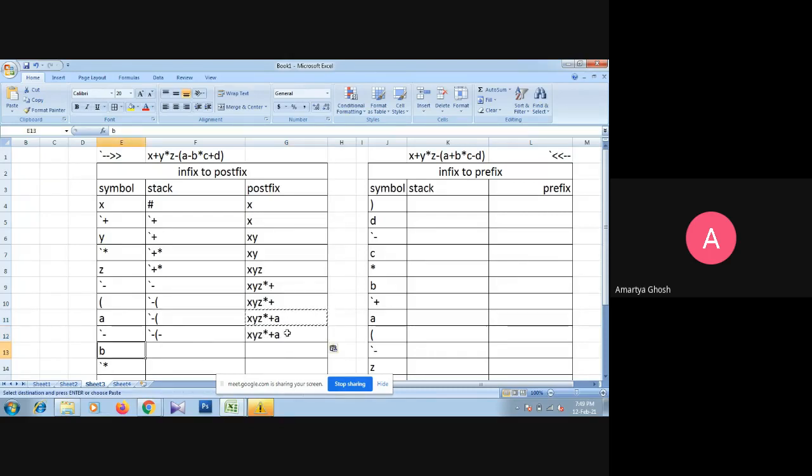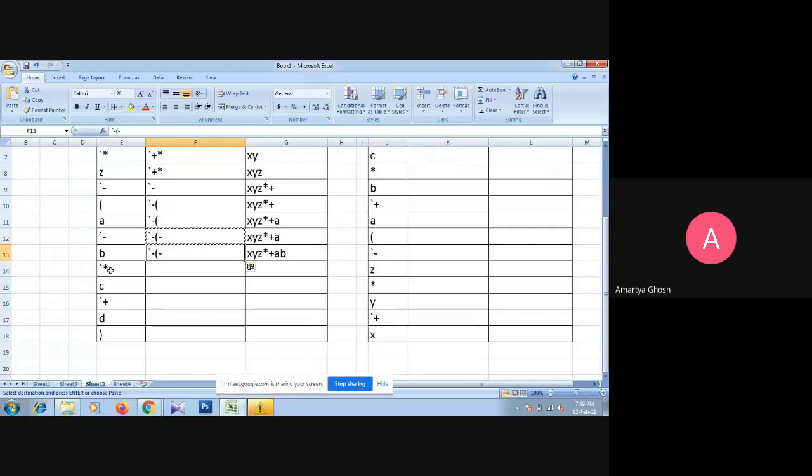Now B is the operand, so it will directly sit into the post position of the postfix, and the stack will remain the same. And finally, right now, star is the multiplication operator. Okay, so that should be stored into the stack.